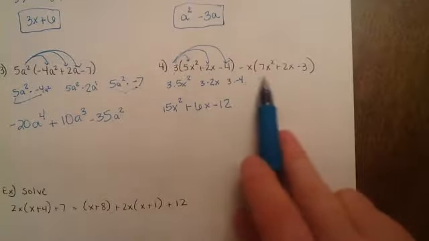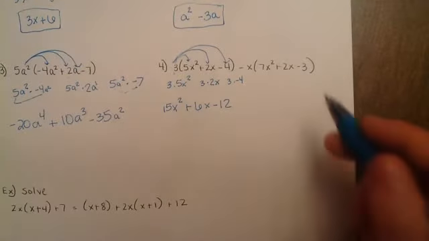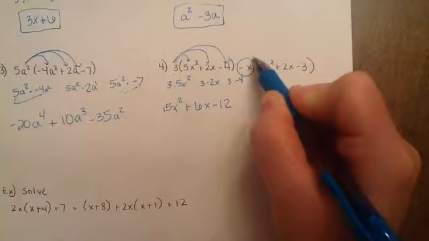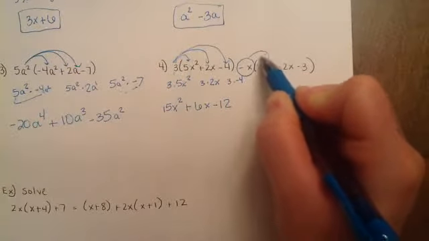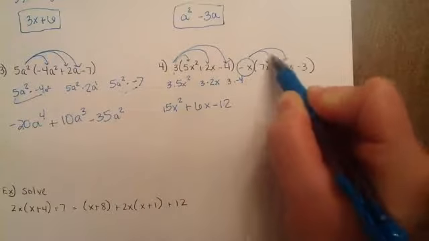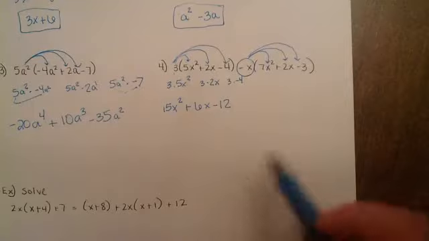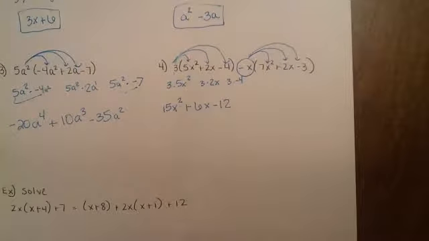What do I need to do for the second set? I need to distribute again. This time, what will we distribute? A negative x. So I need to take the negative x times all of these. Be very careful since it is a negative. Be careful of our negative signs. Distribute this next piece on your own.